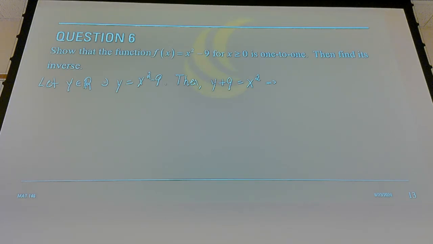How do you get rid of the squared? Square root.